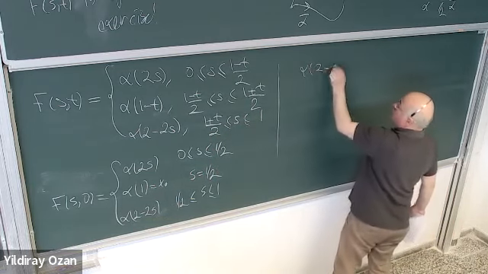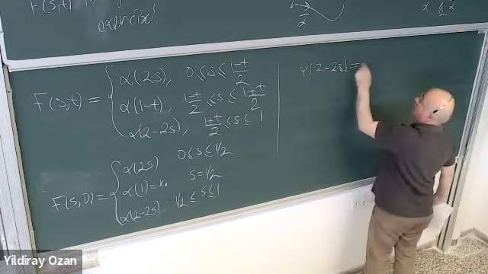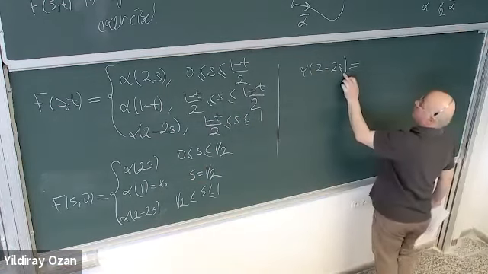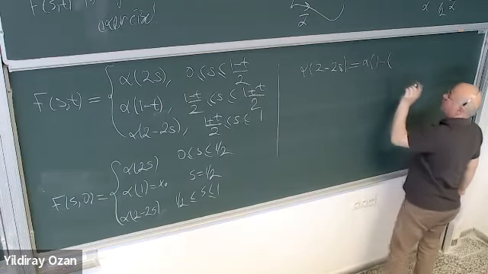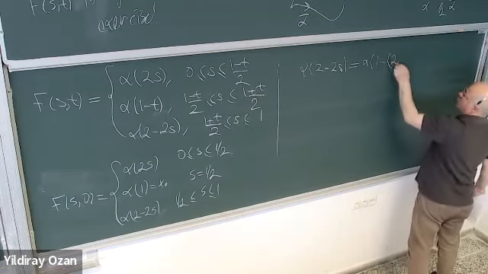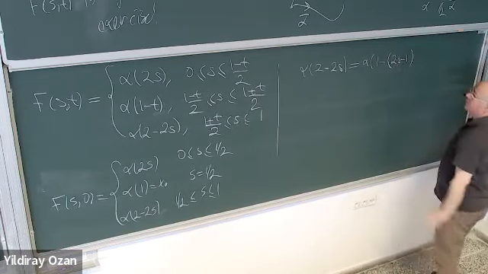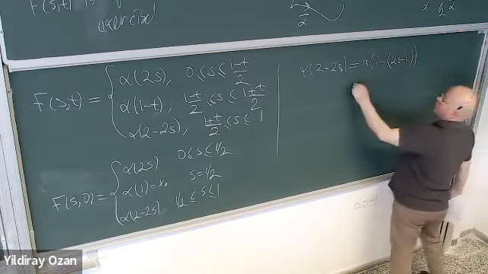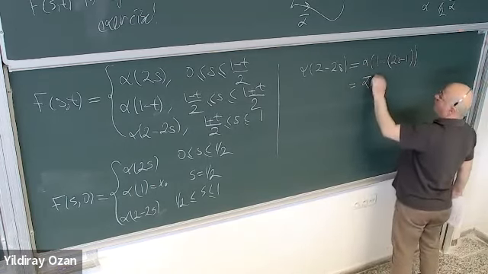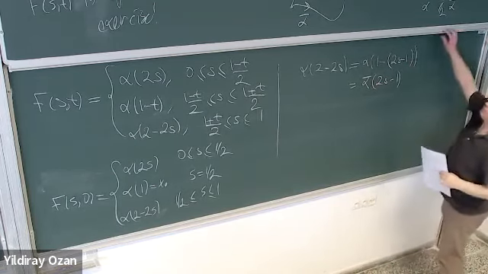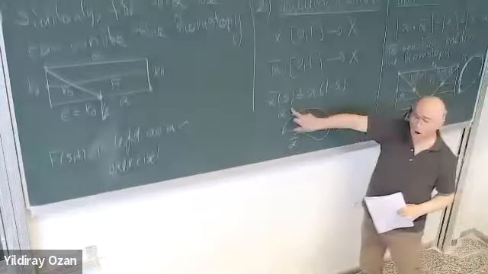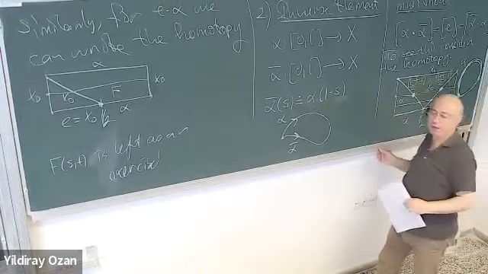Alpha of 2 minus 2s is just, how do I write this? Alpha of 1 minus (2s minus 1), right? So this is just alpha bar of 2s minus 1, right? Alpha bar of s is alpha of 1 minus s.